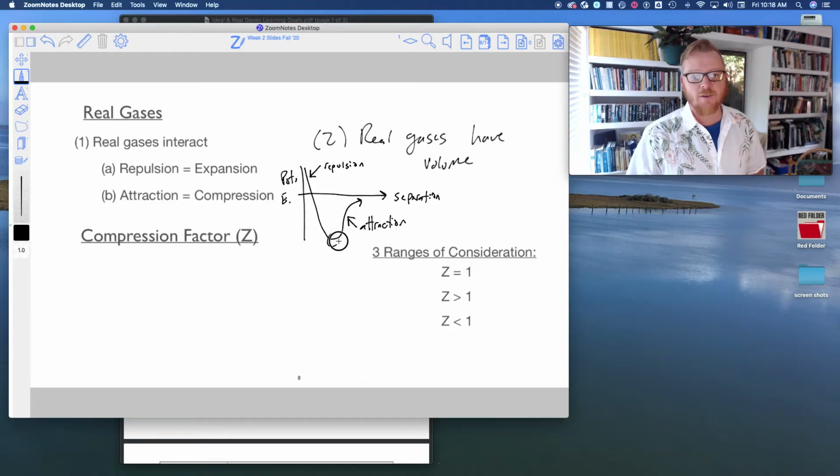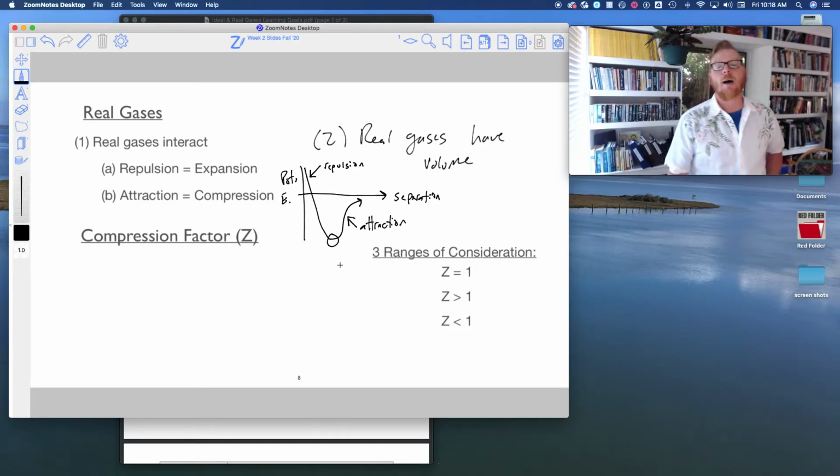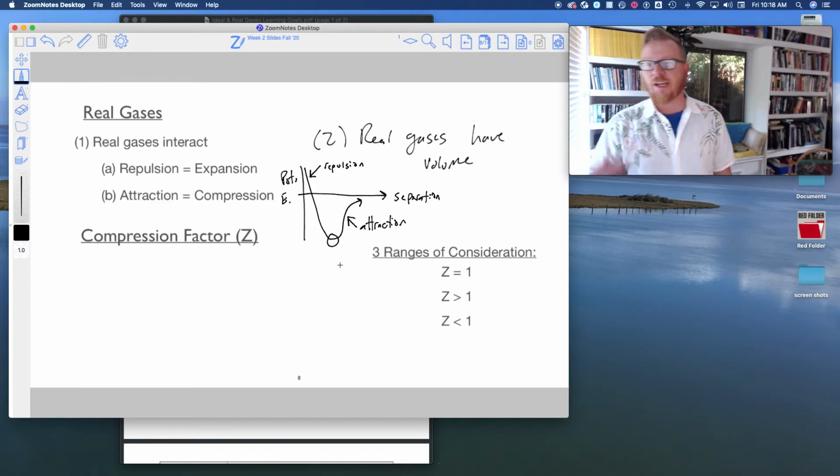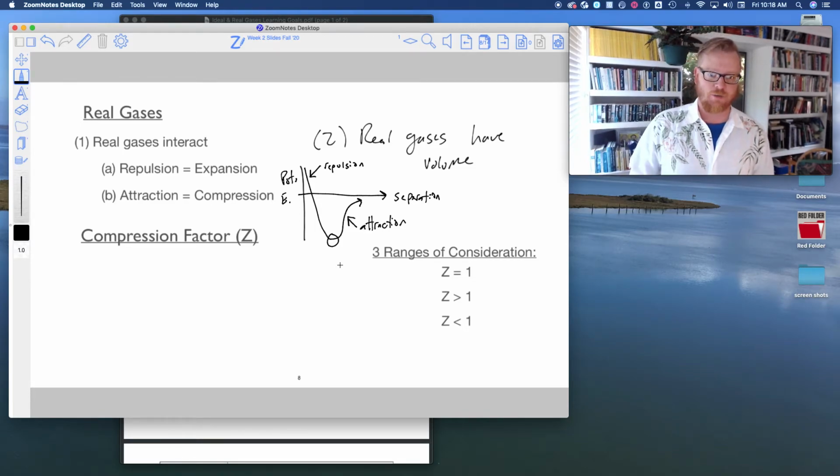And right here, this represents the sweet spot or their equilibrium position, if you will, the function of state. This is where the state would exist at that minimum, okay? And so we use the compression factor Z as a means of telling us where we are in this range, okay?